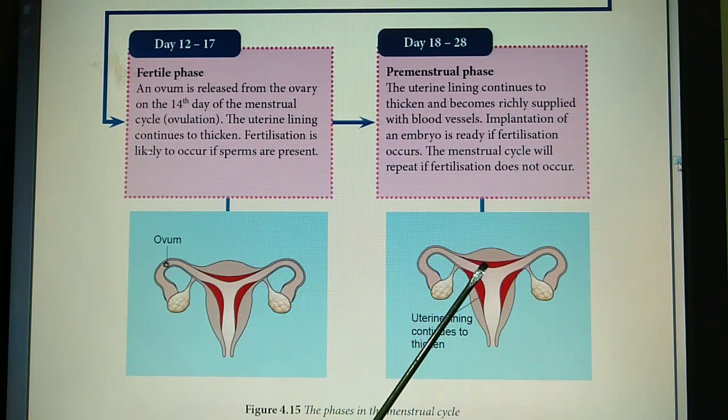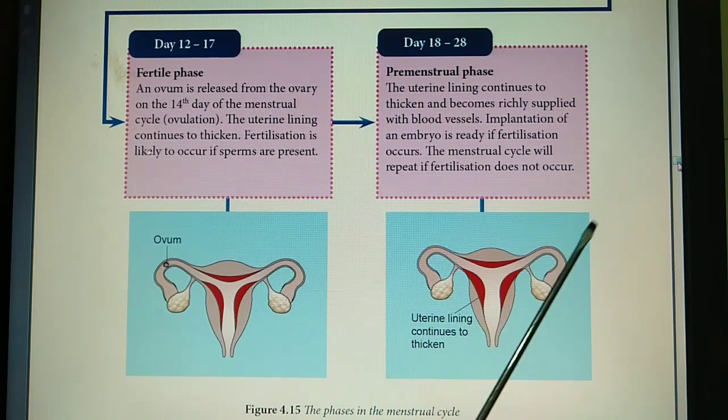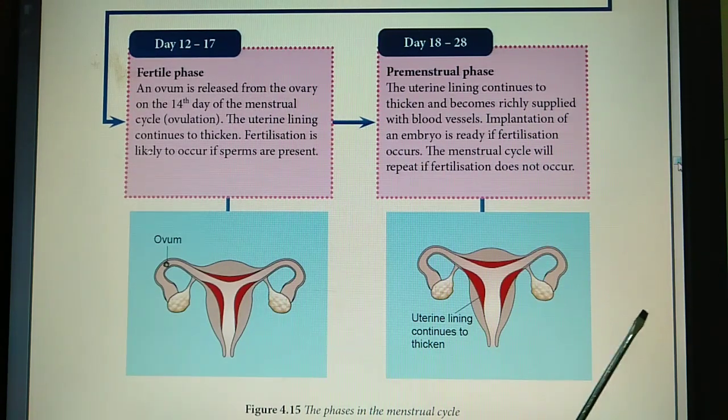And then in this fourth phase, the premenstrual phase, you can see the uterine lining continues to thicken, and if no fertilization occurs, after this premenstrual phase, a new menstrual cycle will start.